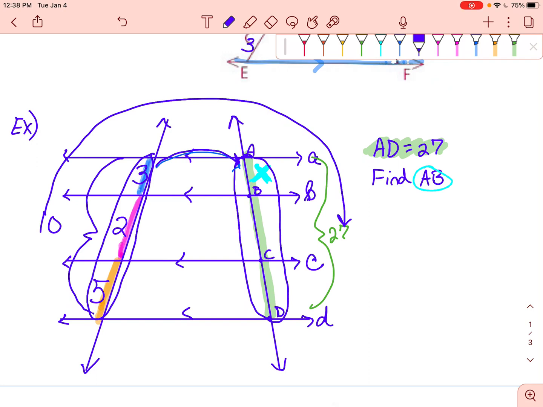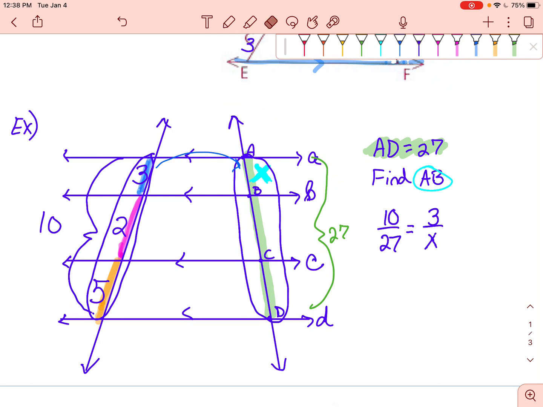So the whole segment on the left side is 10. The whole segment on the right side is 27. The little blue piece on the left side is 3, and the little blue piece on the right side is X. That's what I'm looking for. So this is personally how I like to set mine up.